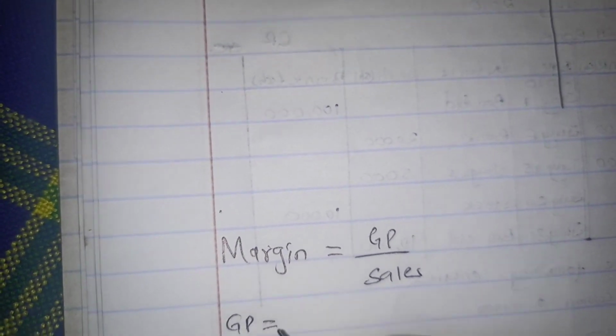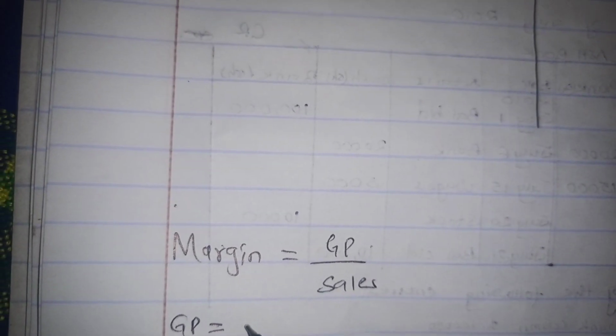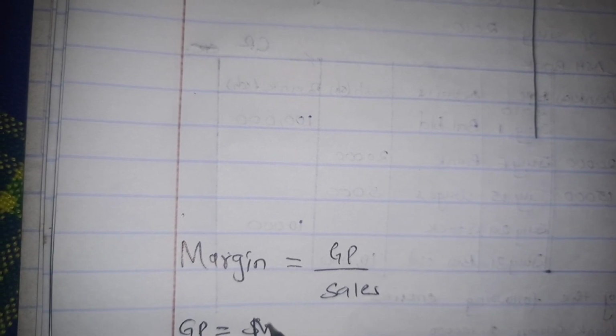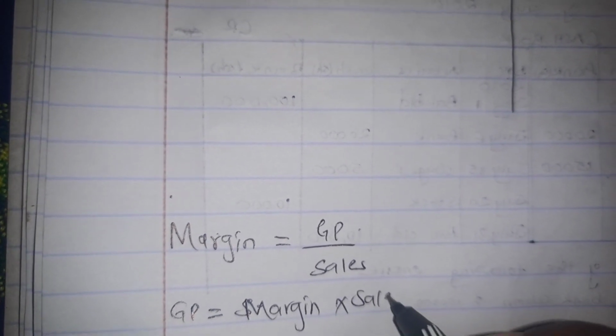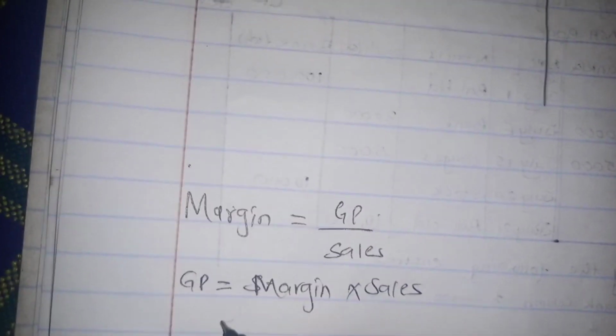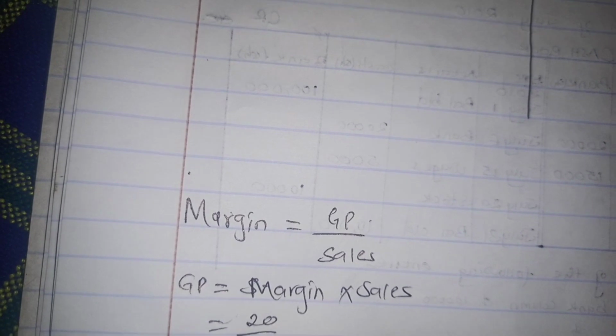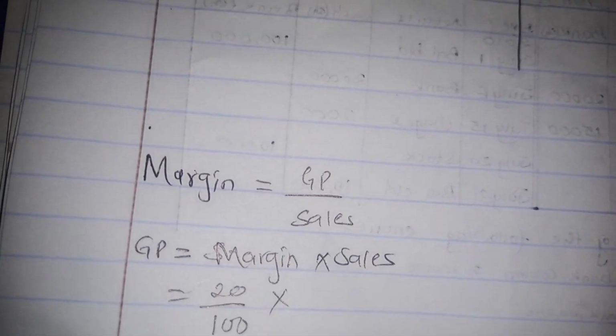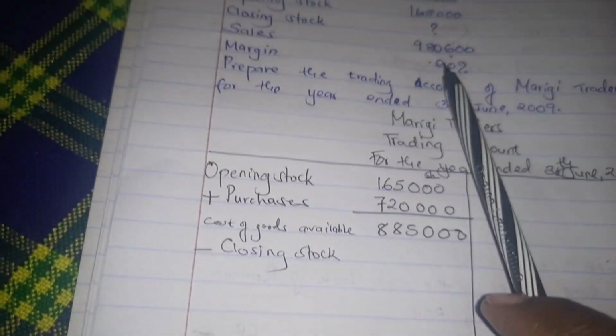So our gross profit will be equal to margin multiplied by our sales figure. Our margin is 20%. 20 percent is the same as 20 over 100 expressed as a fraction, multiplied by our sales figure up there.